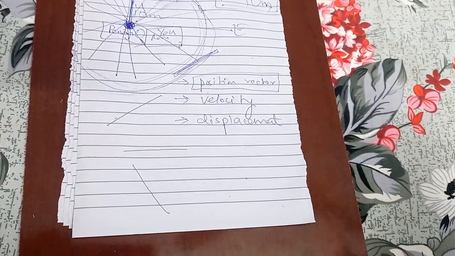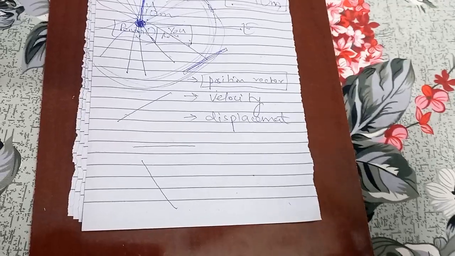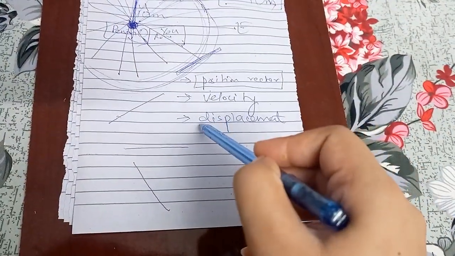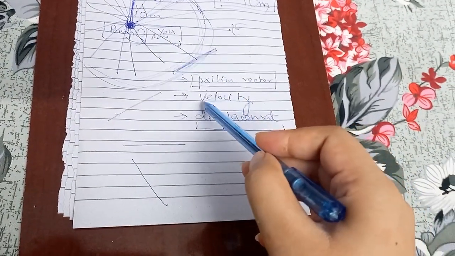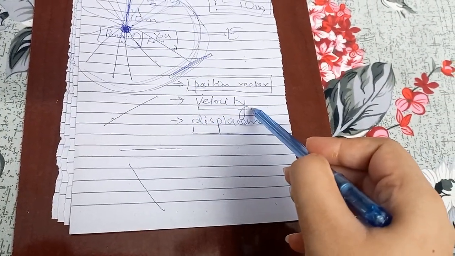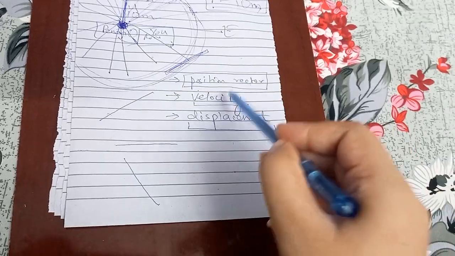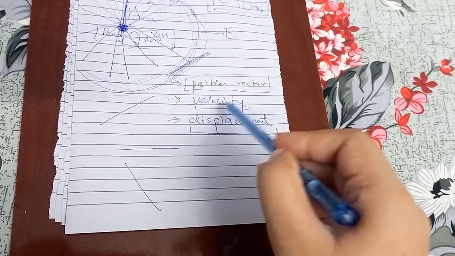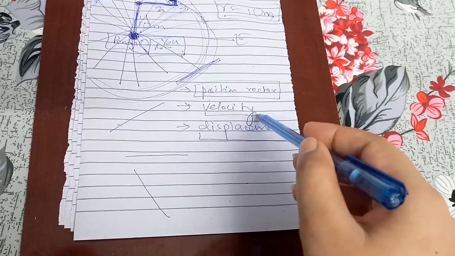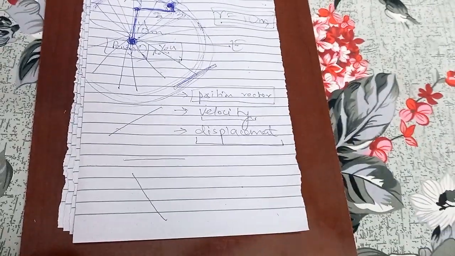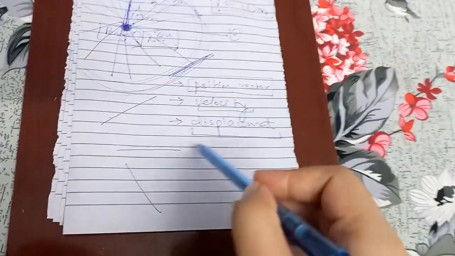So both magnitude, how much distance is covered, and in which direction the body is moving, are explained by the displacement vector. And how much distance is covered per unit time is told by the velocity's magnitude, and in which direction is depicted by the direction of the velocity vector.